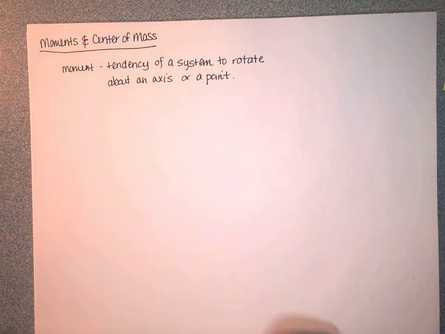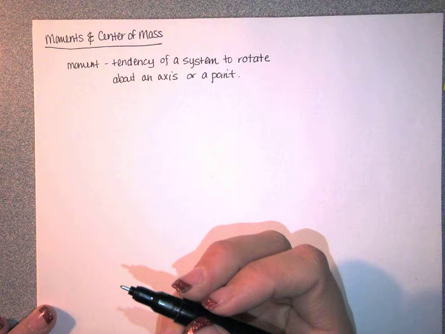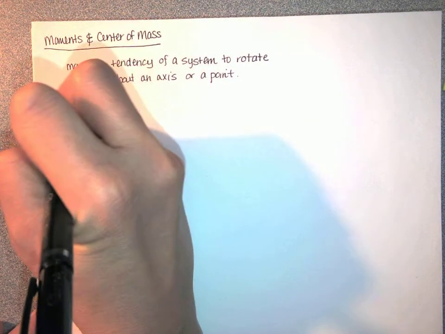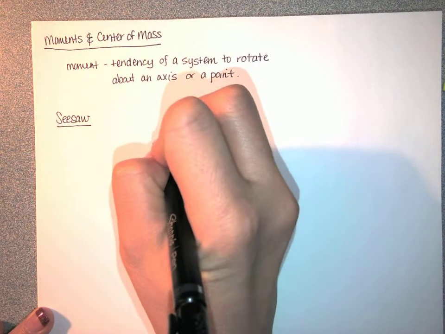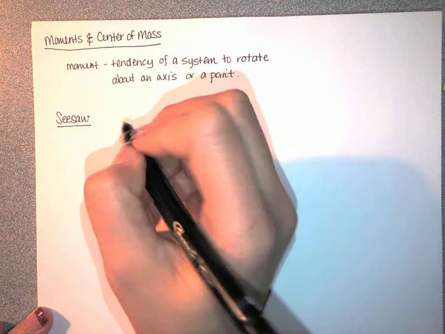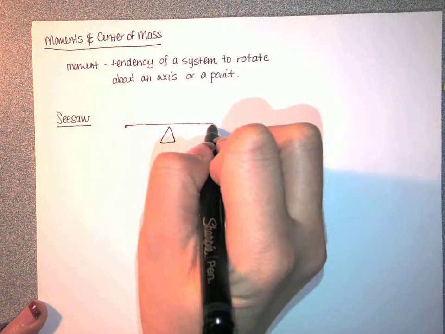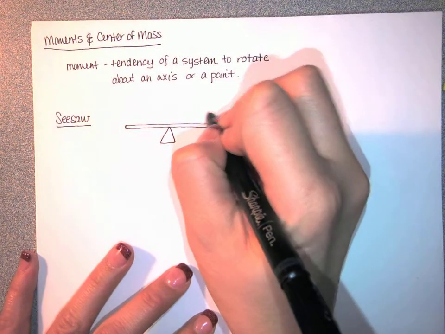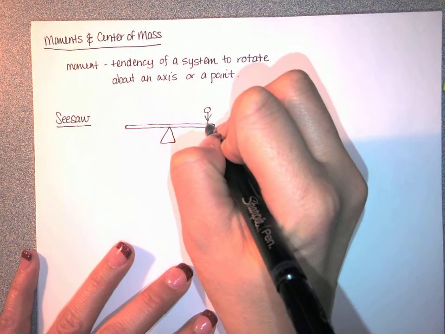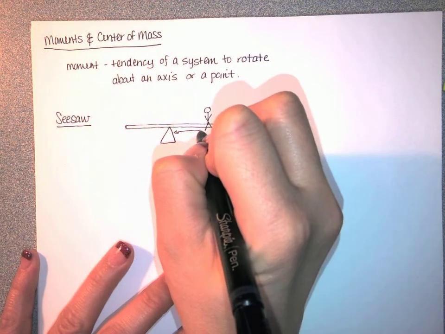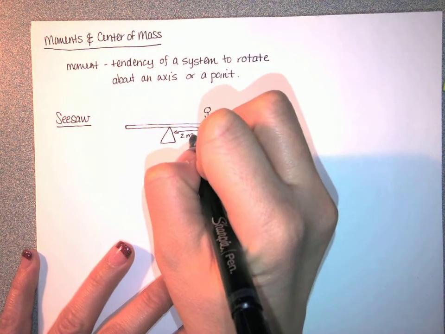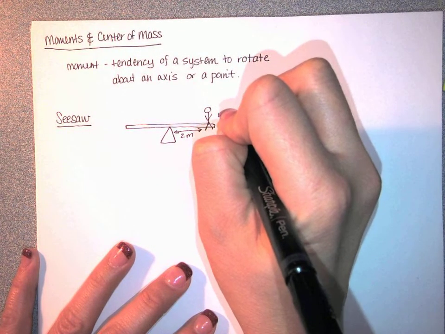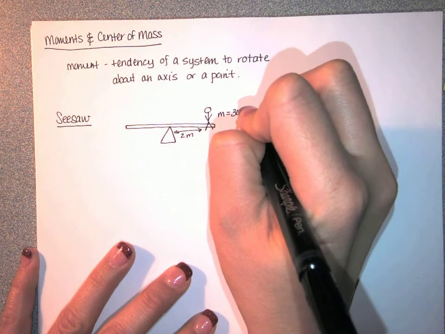I think the easiest way to think of this is in terms of a seesaw. Let's say you've got a seesaw, it looks like this. You've got one child sitting on this end, and this child is, let's say, 2 meters away from the middle, and has a mass of 30 kilograms.